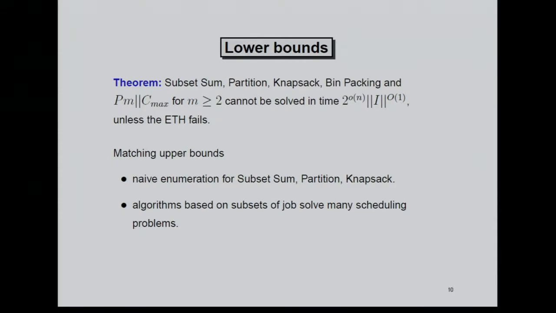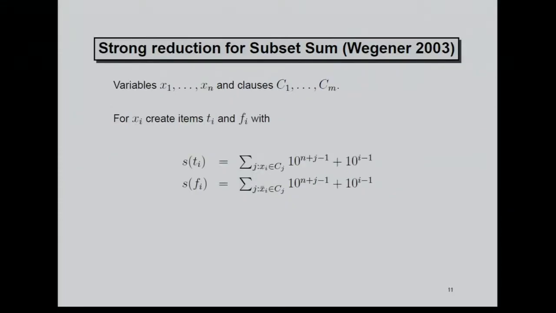I found in a book by Ingo Wegener a very nice reduction that gives you directly the proof. And therefore, I think it's good that everybody knows about this. So we have n variables here, m clauses. And for each variable, you create two items, a true and a false variable item, where on this side you count the variable with the index i.